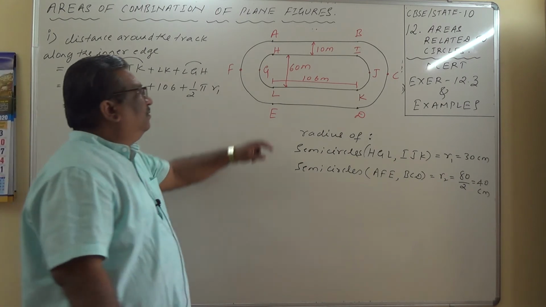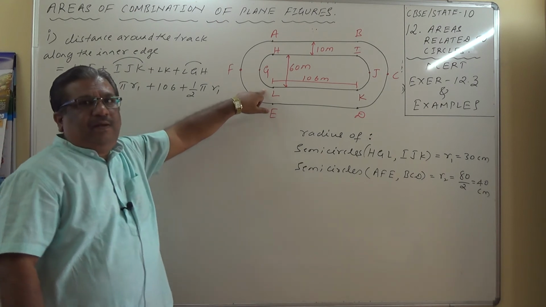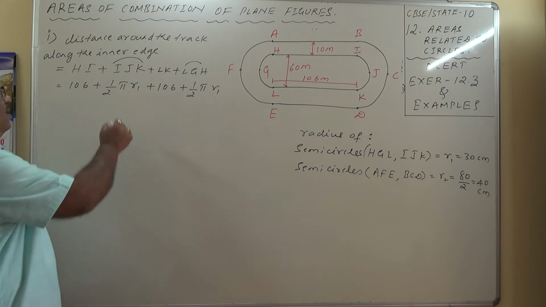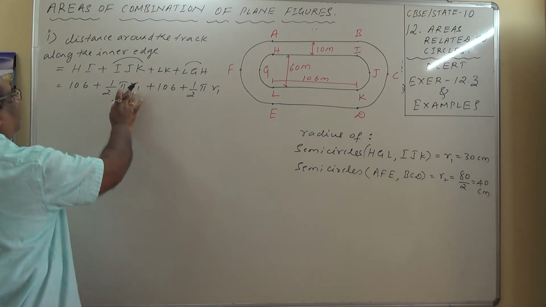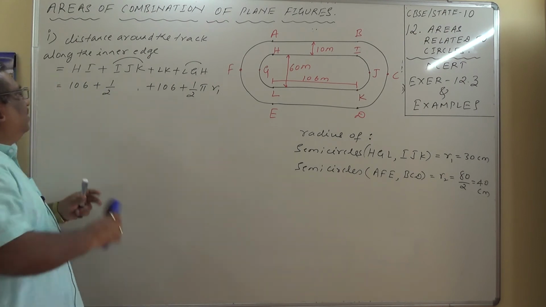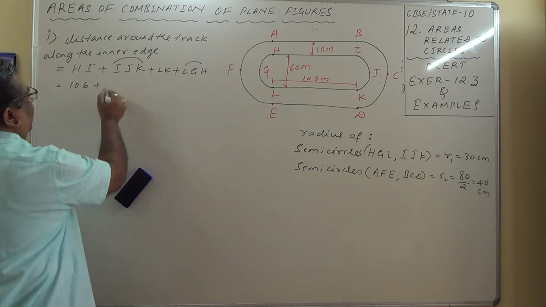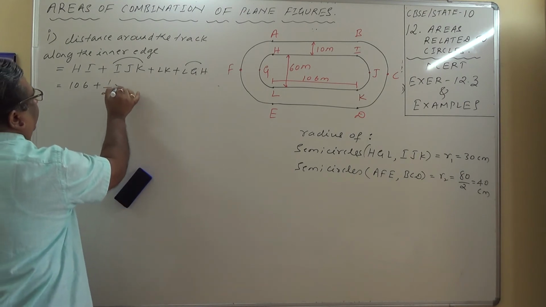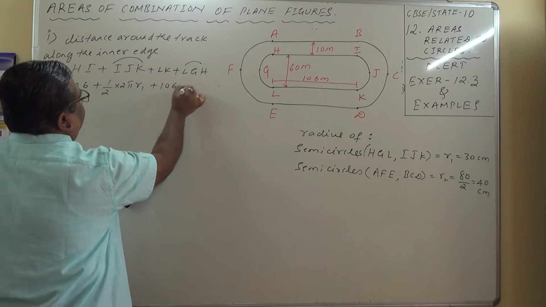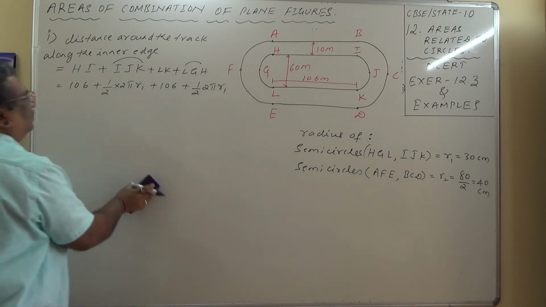Is it understood? So this semicircular arc is half times the circumference, that is half into 2 pi r1. Just a moment, I'll correct this. Semicircular length is half of the circumference, half into 2 pi r1, plus 106 plus half into 2 pi r1.